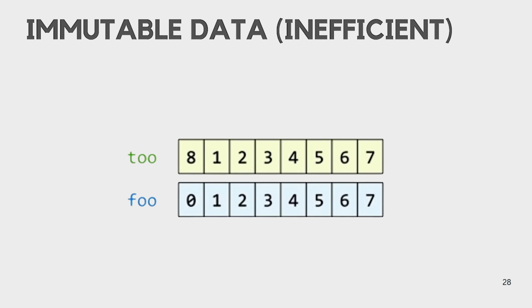So I can make this array immutable, meaning it cannot be changed once created. This isn't how a JavaScript array normally works. But imagine an array that is fixed in place. To change a 0 to 8, I've created a new array, let's call it foo2, where the 8 replaces the 0, but everything else stays the same.